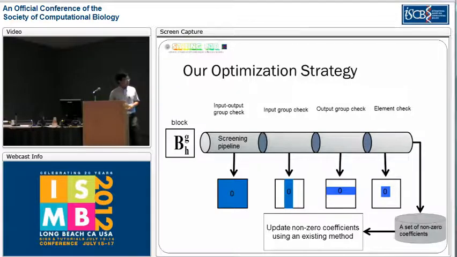And then a small number of regression coefficients will be non-zero. And for those non-zero regression coefficients, we update those coefficients to find the optimal solution. So basically, all these steps are designed to speed up our optimization, and we can actually very efficiently optimize our model.